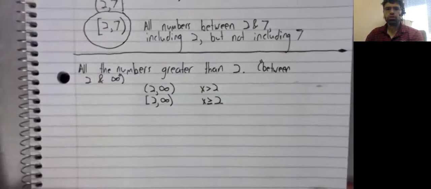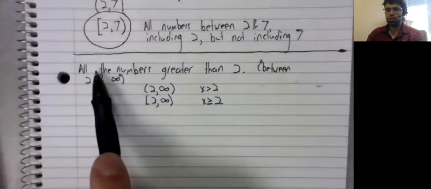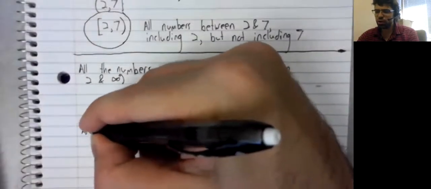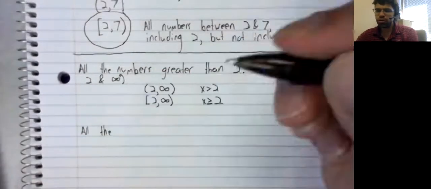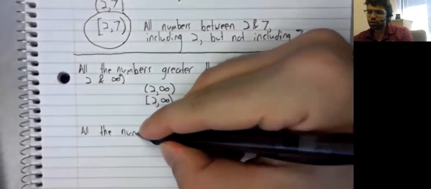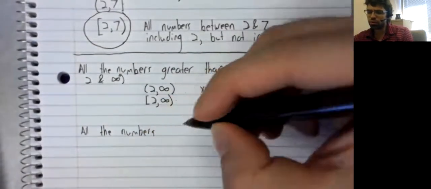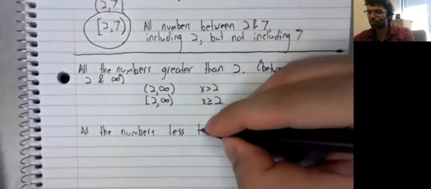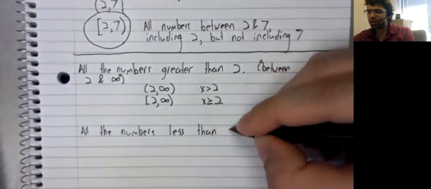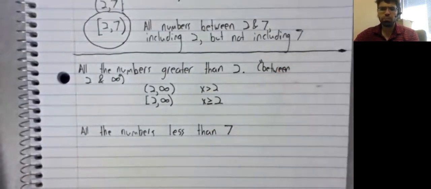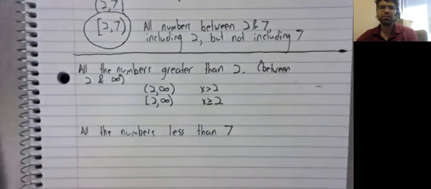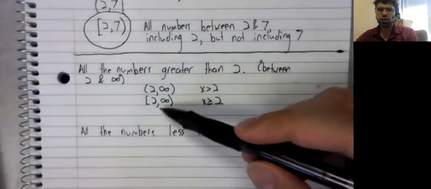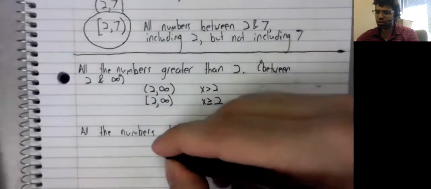We can also consider, for example, all the numbers less than something. Say all the numbers less than 7. It's going to be a variation on this notation.